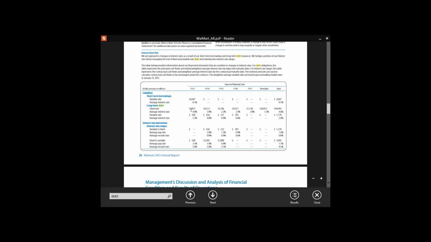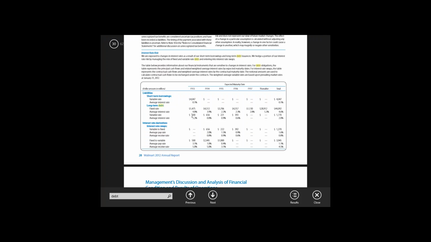I'm not going to do that because it's the same thing as just taking a weighted average. So I'm going to take a weighted average of this information: 1475 times 4.8% plus 500 times 5.2%. That will give me a weighted interest that they've paid, and I'm going to back into my own rate.